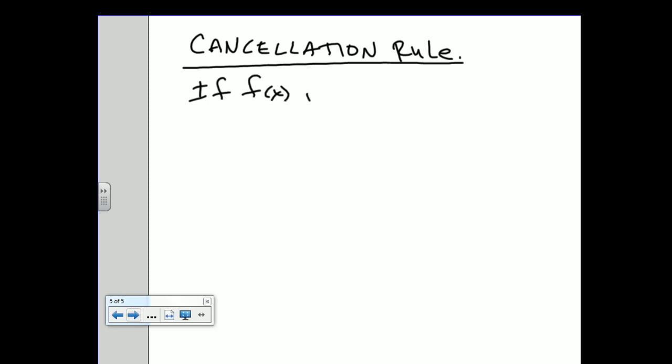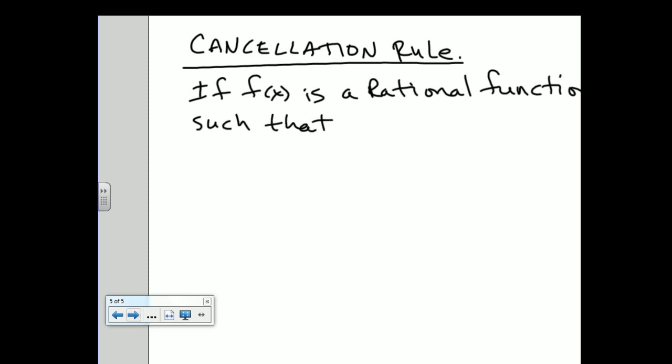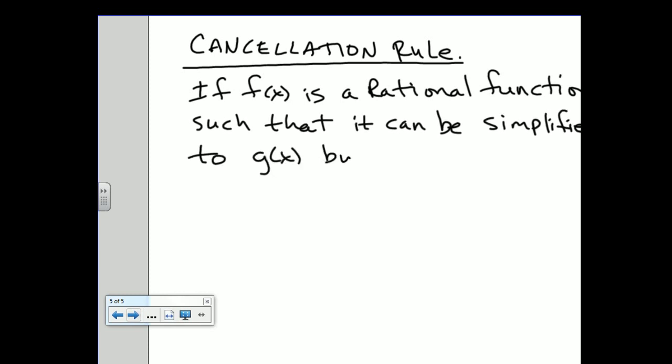If f of x is a rational function such that it can be simplified to a function that looks like g of x by factoring and canceling, then we can come up with this.